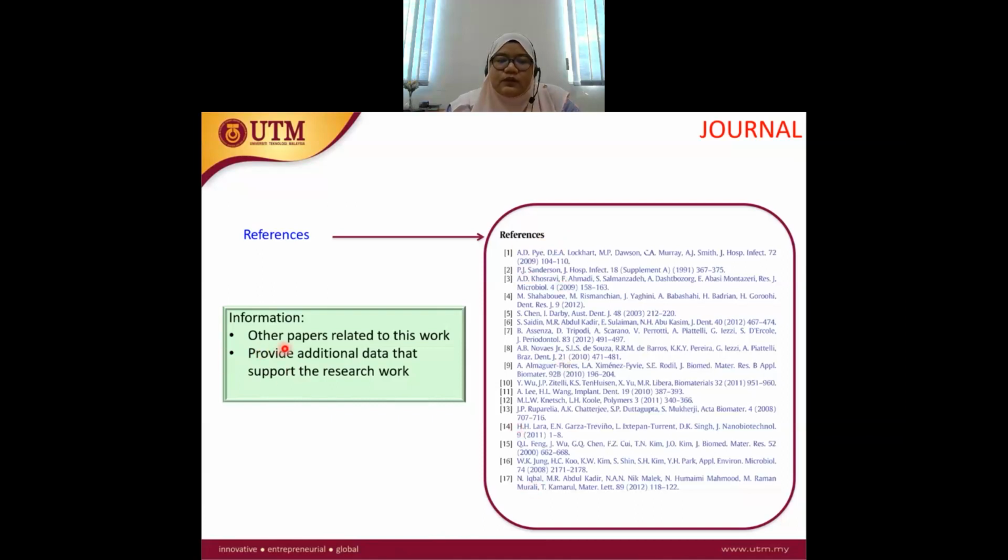This information gives other papers related to this work and provides additional data that support the research work. So you can take the reference here and search for it to get more information. If the reference is suitable for your study, you can read it as well.